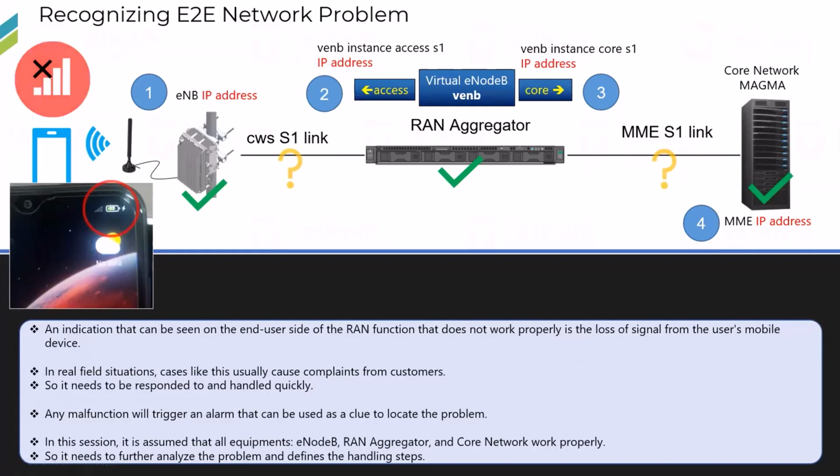So it needs further analysis of the problem and to locate the problem, because it will define the handling steps. In a big organization like an MNO, or mobile network operator, we are working, let's say, in the operation and maintenance department. And when we know about the problem, we need to dispatch another department to solve this problem, because we are not the one to solve the problem.